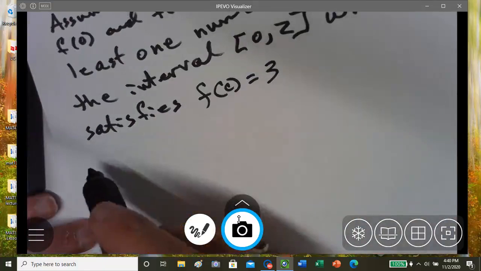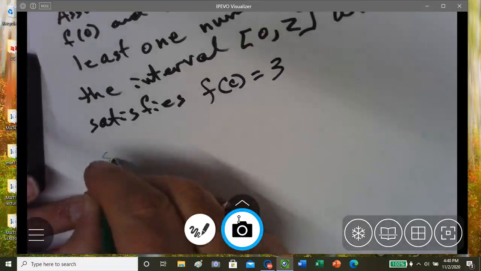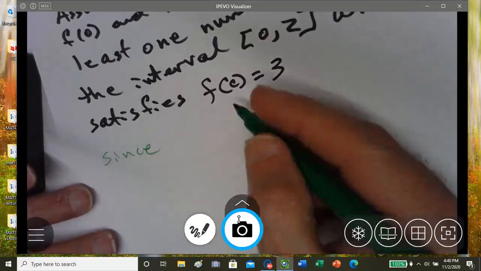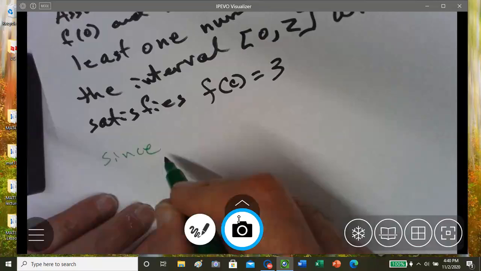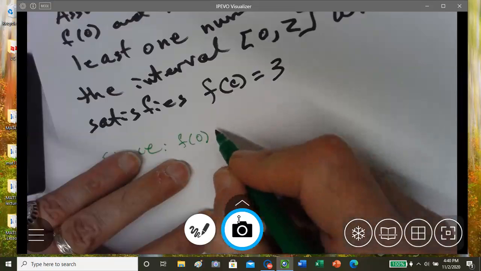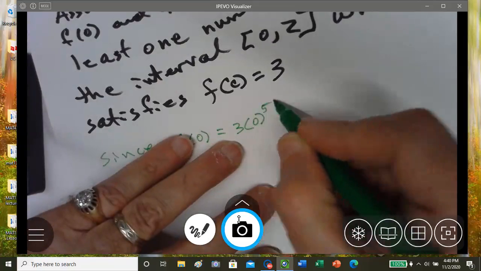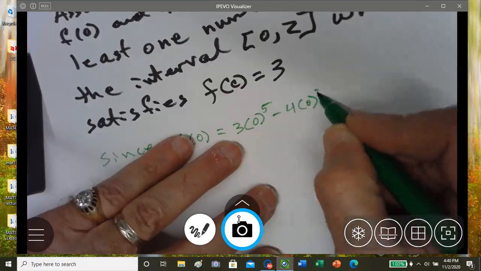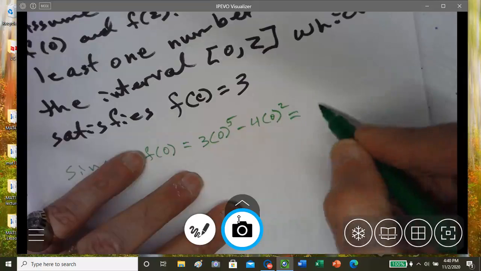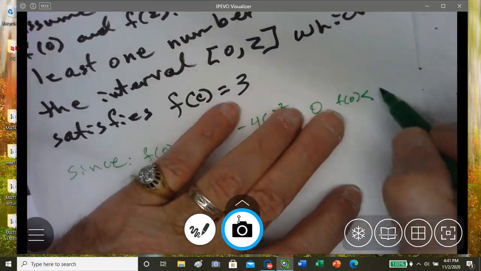So therefore, f(0) equals 3 times 0 to the fifth minus 4 times 0 squared, which equals 0. We can say that f(0) is less than 3.